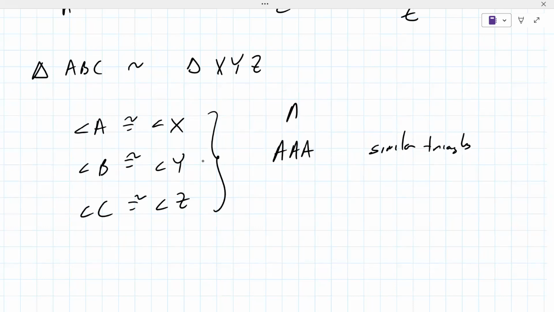And it's actually only AA, because the third angle is called the no choice theorem.